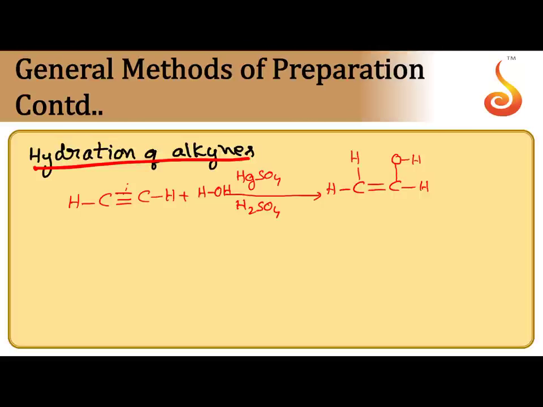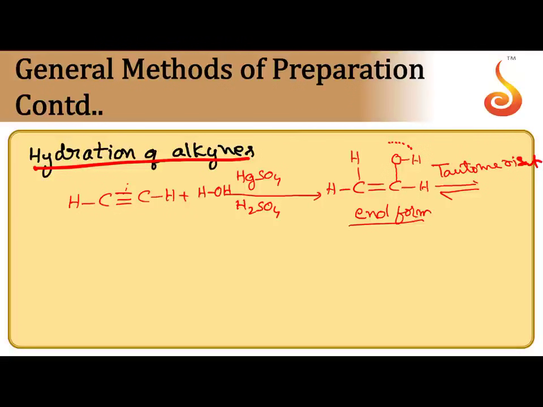But the formed product is unstable, since this is the unstable enol form of the aldehyde or ketone. Since this is an unstable form, it undergoes tautomerization immediately. As soon as the enol form is produced, it undergoes tautomerization.